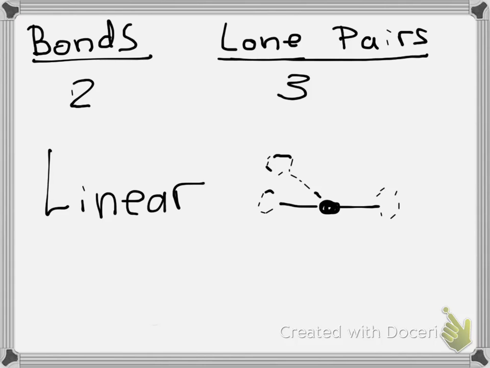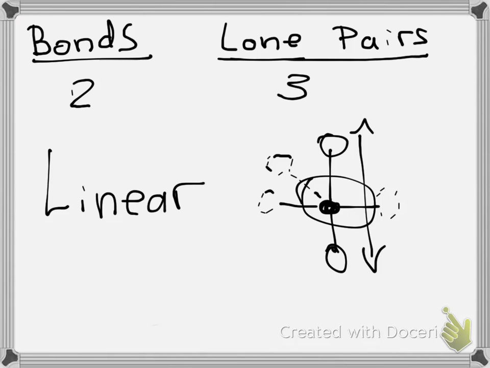One right here. And then you have bonds right here. And this one actually is not polar because it looks pretty even, doesn't it? It has 3 going across this way and bonds going up and down. It looks pretty even, so this one is not polar.